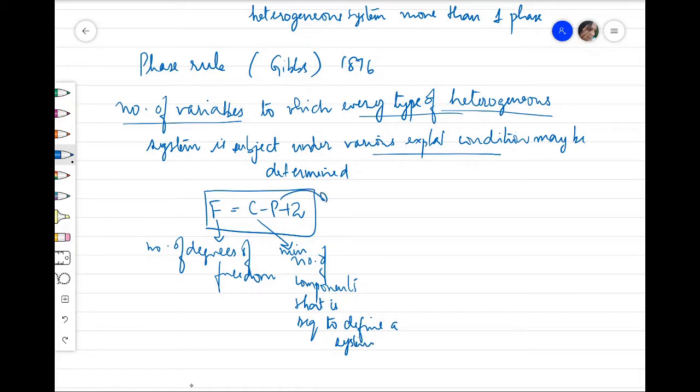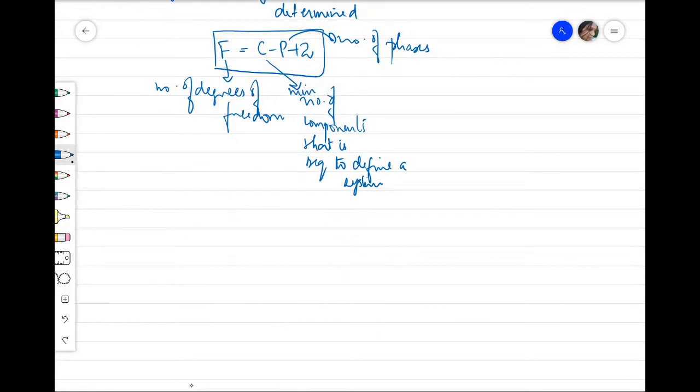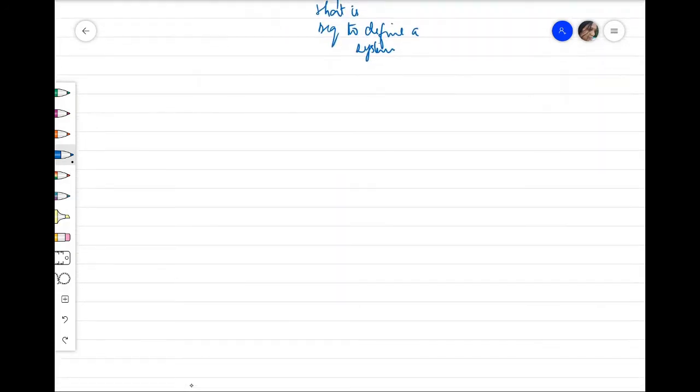Then P is the number of phases. So these are the different terms in this. Now let me go on to explain each term.